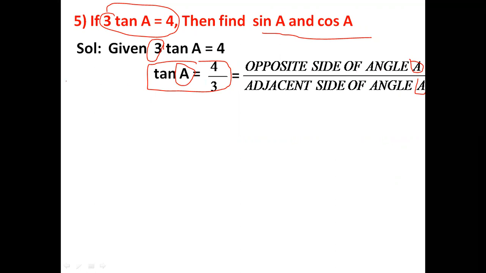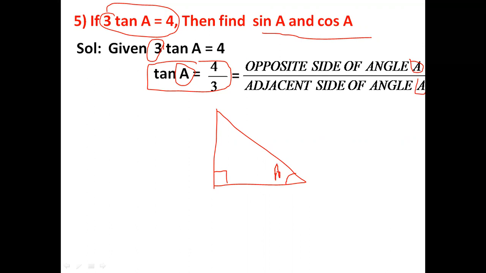Now, how can we solve? Take the right angle triangle, and here angle A. Now this becomes opposite side to the angle A. This becomes adjacent side.